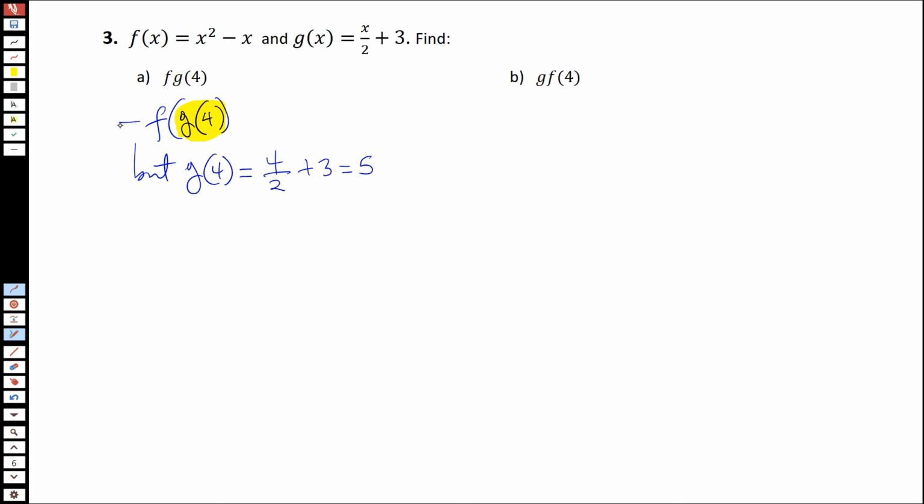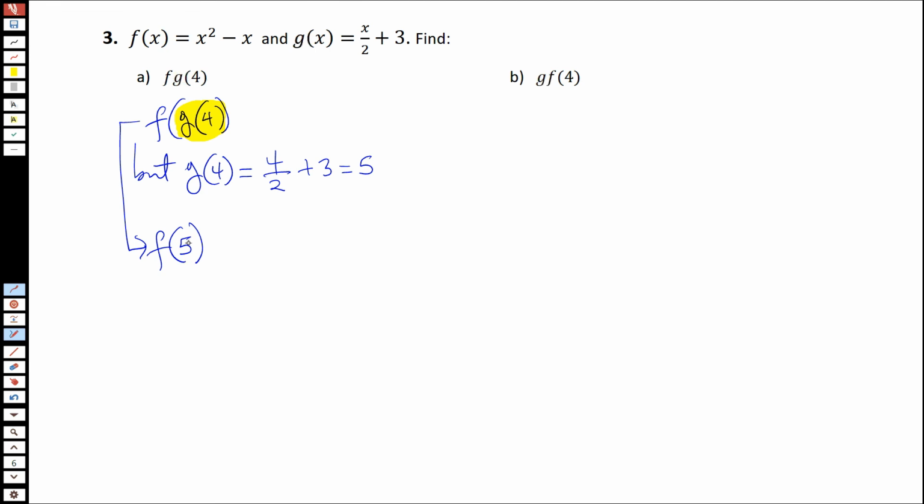And then this notation here becomes f of, we know that the value of g at x equals 4 is 5, so just replace the highlighted portion with 5. So ideally, what we will be finding here is the value of f at x equals 5, and that will be the composition of f and g at 4.